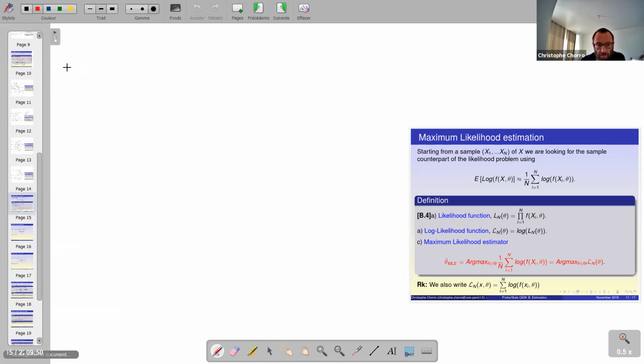We have seen that the true parameter theta 0 fulfills theta 0, that is the point where the maximum of this objective function is reached.